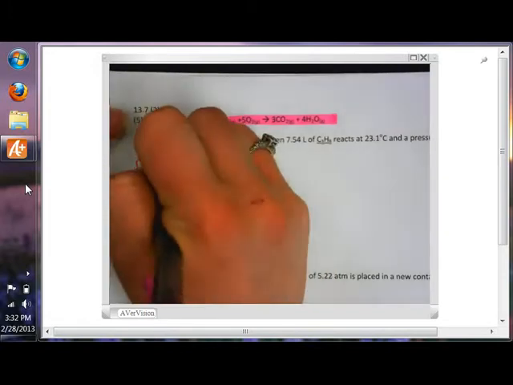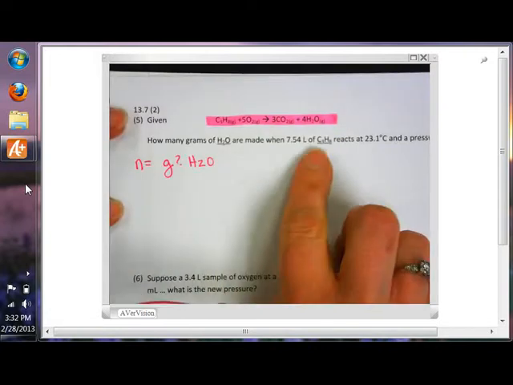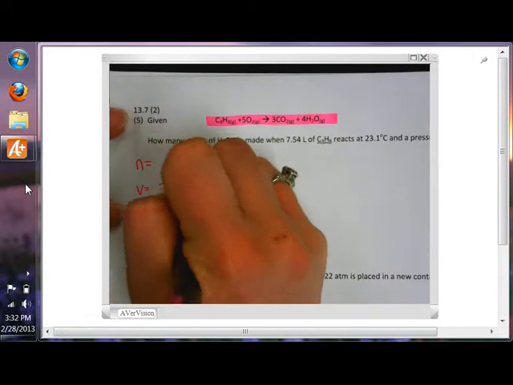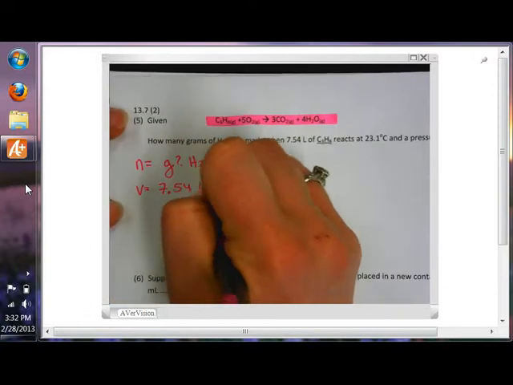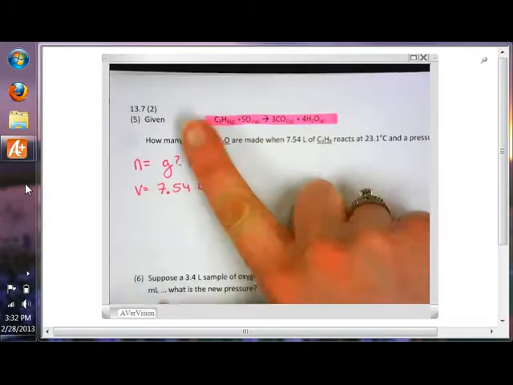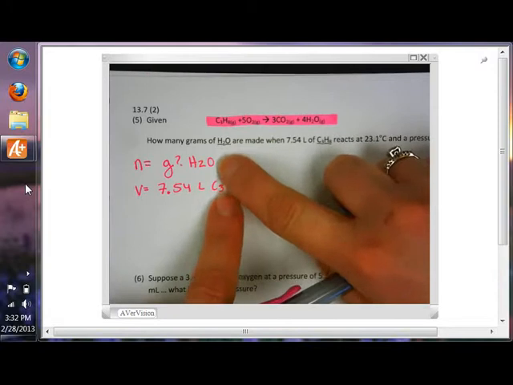They give you a volume of C3H8, so volume is 7.54 liters of C3H8. I'm getting specific here. I'm not just writing my number and unit, I'm writing what compound it is. I know I need to do that when I'm given an equation.